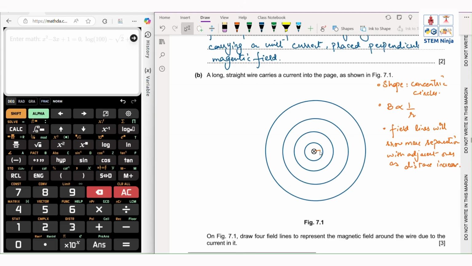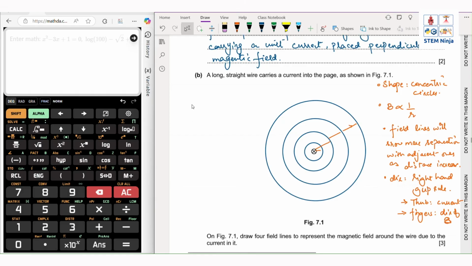Okay, so distance, distance, distance, and you see the distance is increasing. Now, the final thing is the direction of the field. That is determined by the right hand grip rule, where the thumb points in the direction of current and the fingers, where the fingers curl, point to the direction of magnetic field.